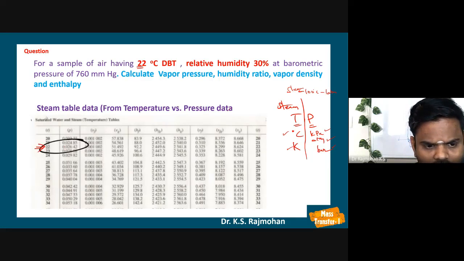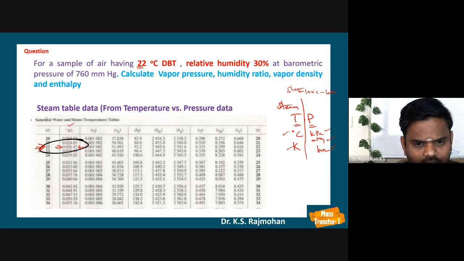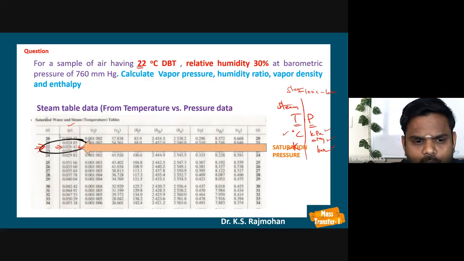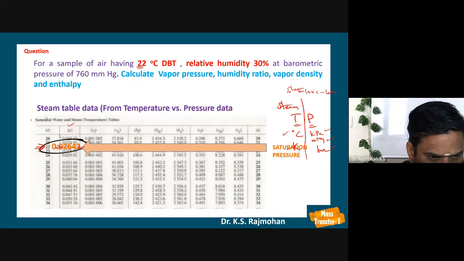So here we have 22 degrees, the corresponding value we will make use of. There are various data we can get. I am just using pressure here. So we will get the value corresponding to 22 degrees Celsius as 0.02642 as the pressure.